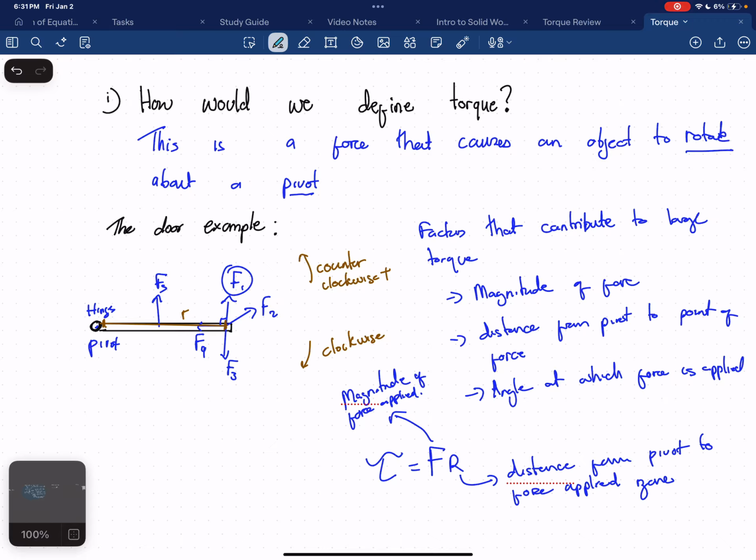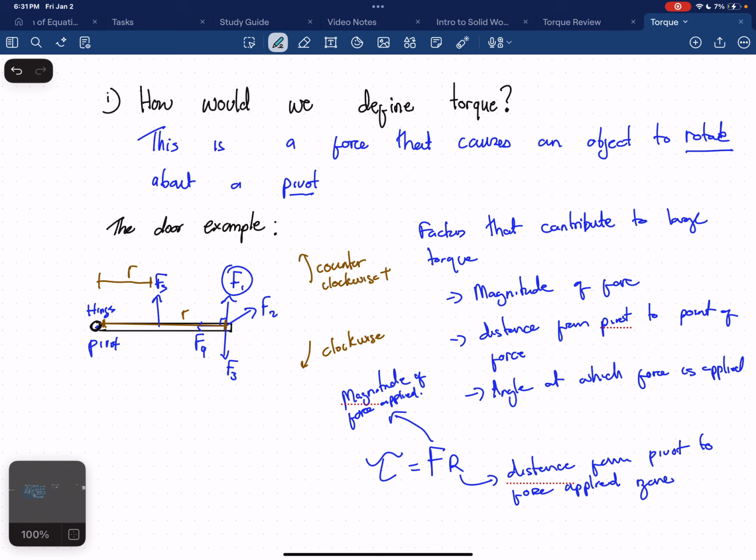F5 here has a very small r, so because our formula is torque equals force times distance from pivot, we can clearly see that F1 will have a larger magnitude of torque than the rest.